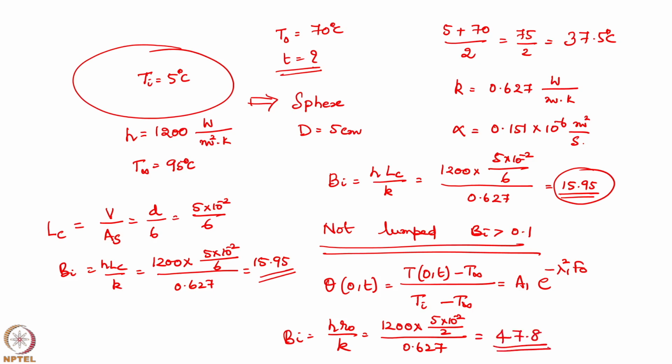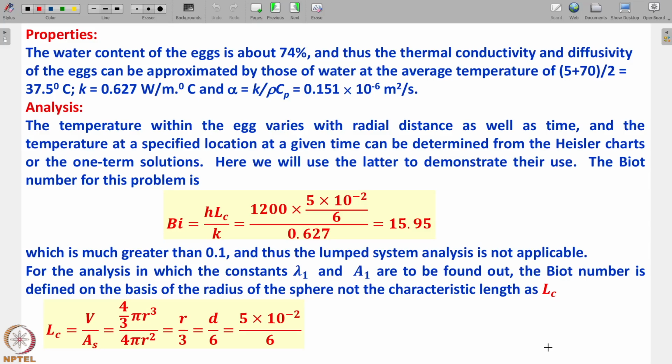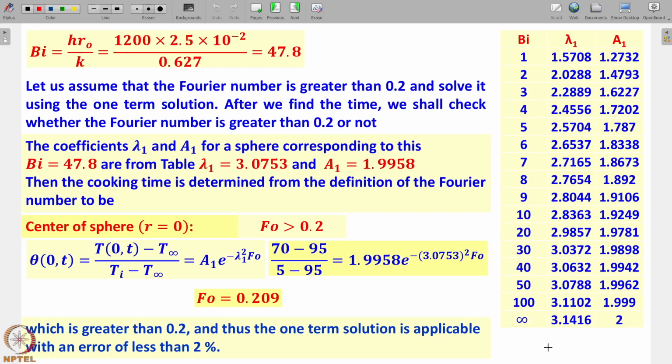For this 47.8, I need to get the lambda 1 and A1. So for a Biot number of 47.8, if you do the interpolation between 40 and 50, I am not going to do the interpolation because I have shown that in the previous class. So you get lambda 1 as 3.0753, which is in between these two, A1 as 1.9958.